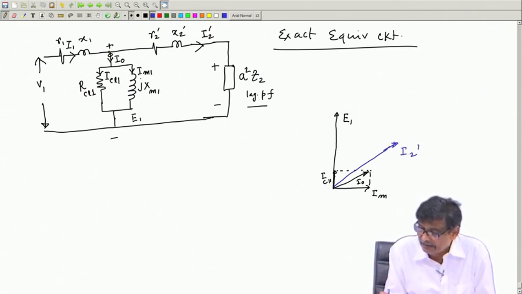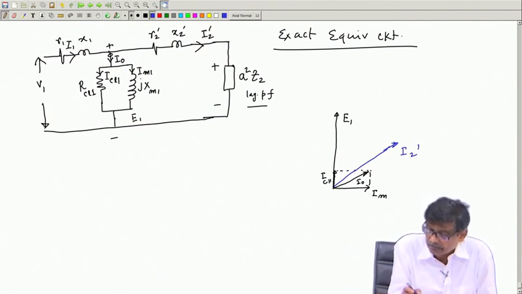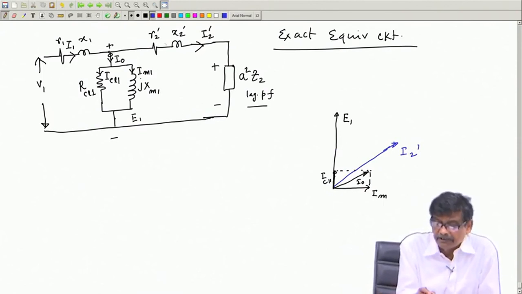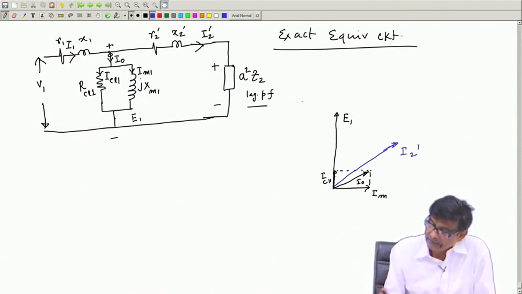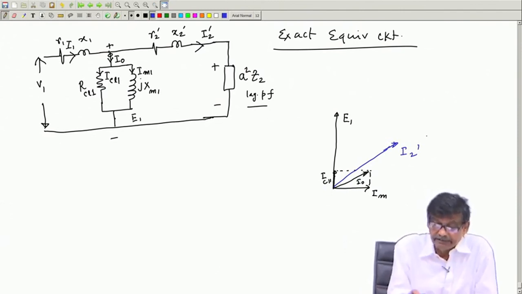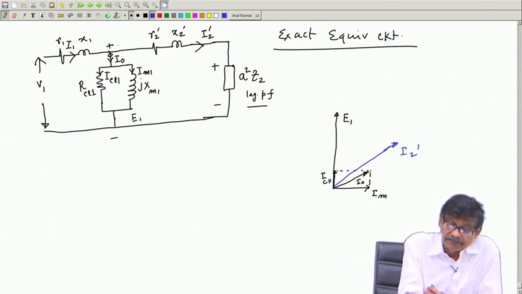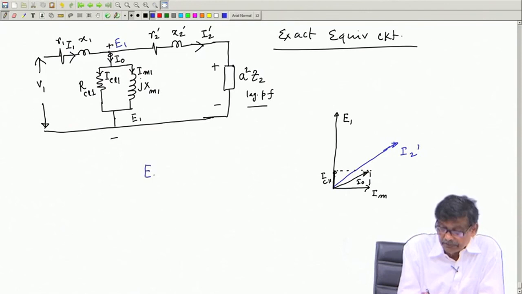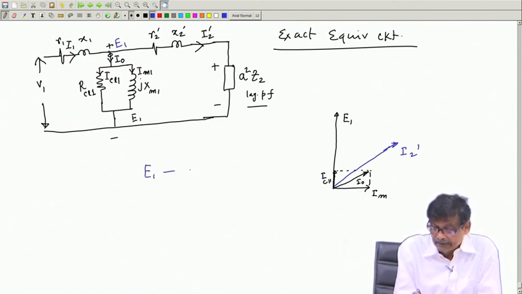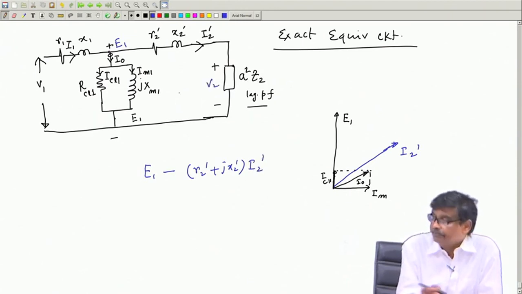What is this angle? This angle is not the power factor angle of the load, it is the power factor angle of R 2 dash, X 2 dash and S square Z 2, whatever it is. So, I 2 dashed is this one. From E 1, if I subtract from this phasor R 2 dashed plus J x 2 dashed into I 2 dashed, I will get then V 2.